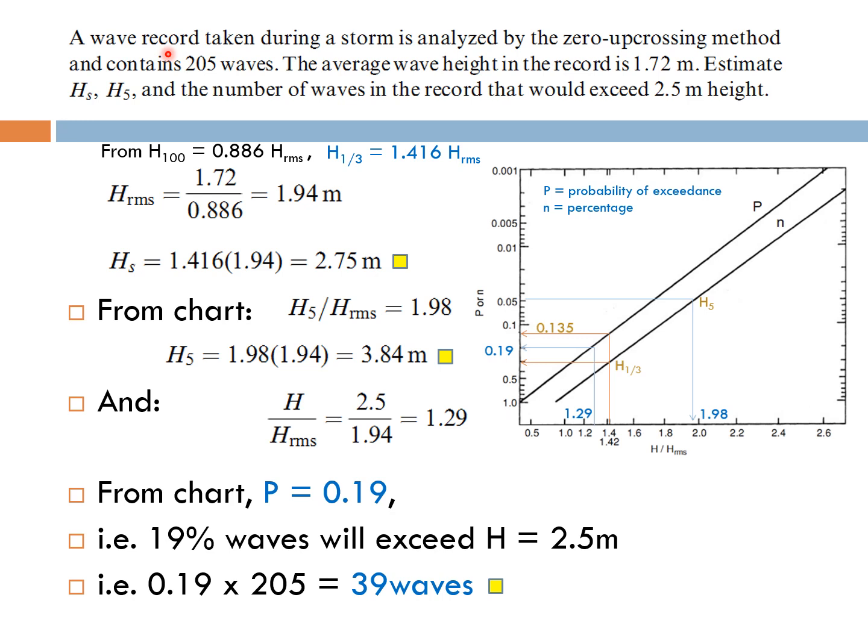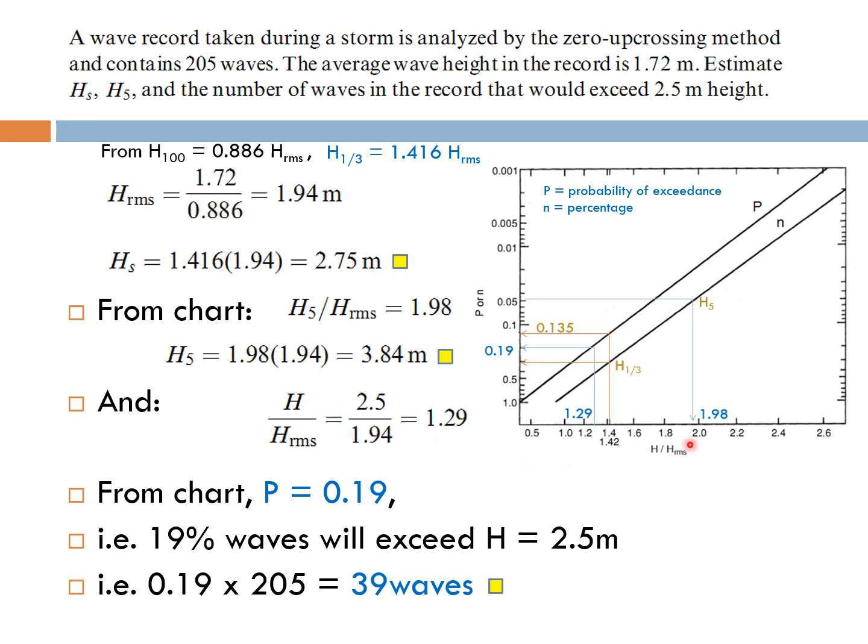What we did is we assumed that the wave record fulfills the Rayleigh distribution. Next, we want to find the number of waves in the record that would exceed 2.5 meter height. So we are interested in the wave height H being equal to 2.5 or larger. So we set H equals 2.5, we divide by the H RMS of 1.94, we get H over H RMS of 1.29.